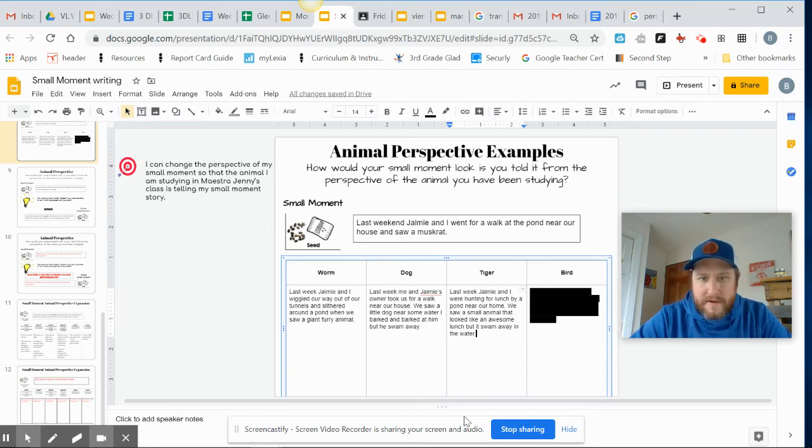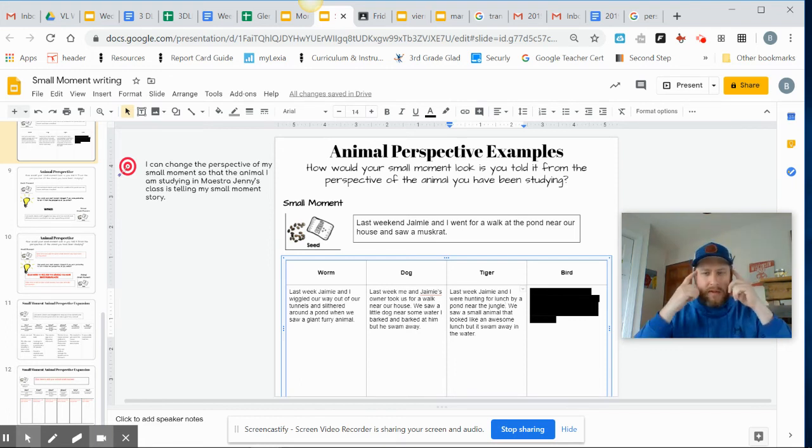We saw a small animal that looked like an awesome lunch, but it swam away in the water. Okay. I don't even know if I like near our home. I'm going to say near the jungle because I know tigers live in the jungle. So I can change these little things so it sounds like the tiger is the one that's telling the story, not Mr. Ben the human, okay?